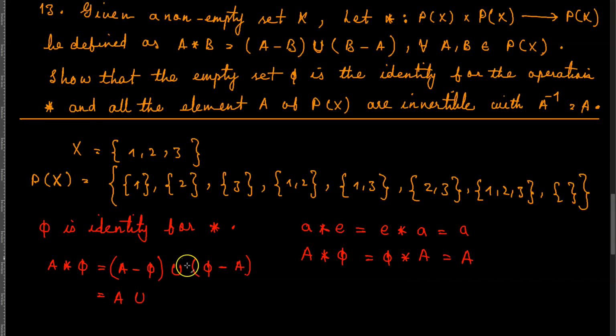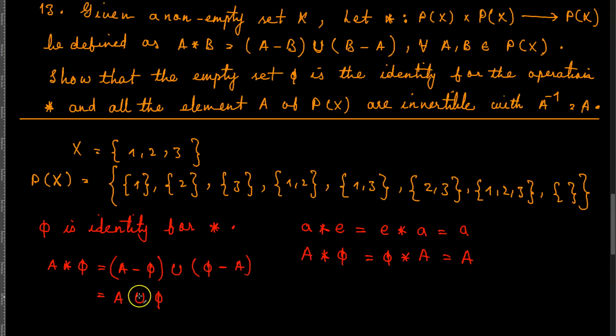Then you take the union of that with the null set minus A. The null set has nothing in common with any other set, so you cannot subtract any elements from it; whatever you subtract from the null set, you end up with the null set.